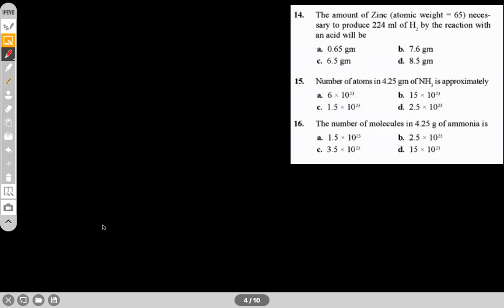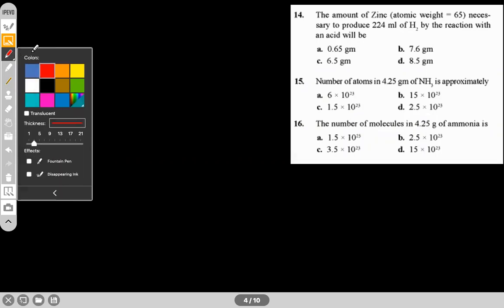Remember, here 224 ml of H2 is given, but the condition, STP, is not given. But to solve this question, you have to assume the condition at STP. That is important, that assumption you have to make.